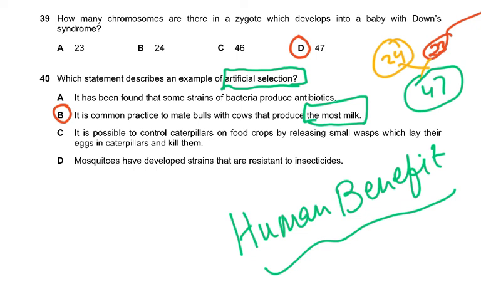I think it's just a biological fact they've given you, that some strains of bacteria produce antibiotics which kill maybe their own bacteria, because antibiotics kill bacteria. So artificial selection is always of economically important plants and animals. It's your syllabus point. So you had to figure that out and then you would be able to do this question.